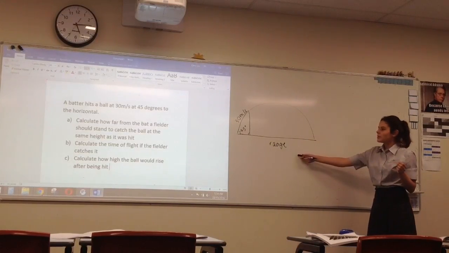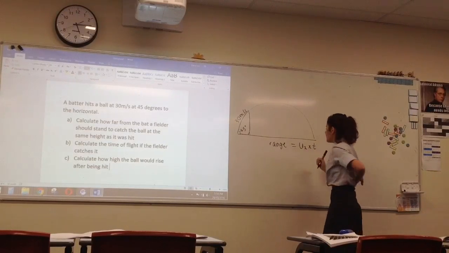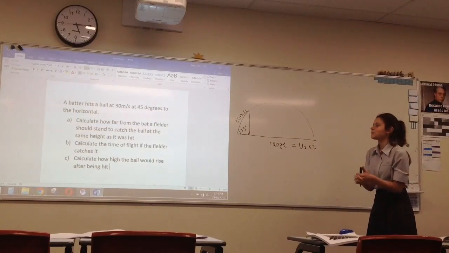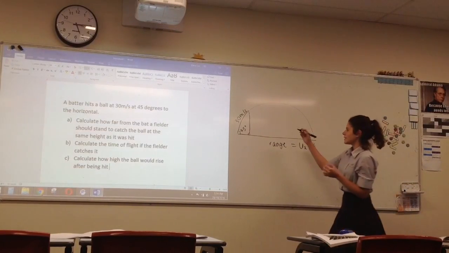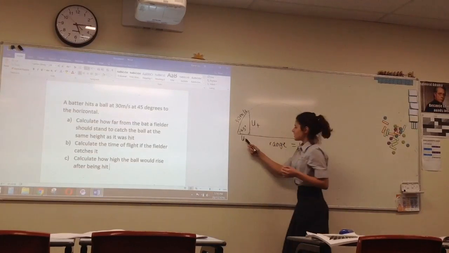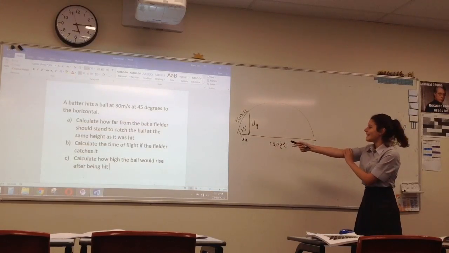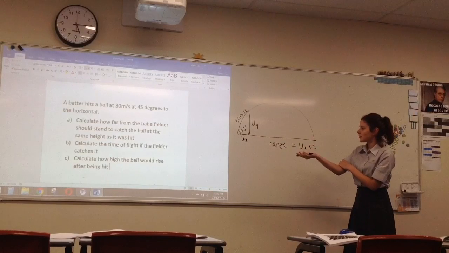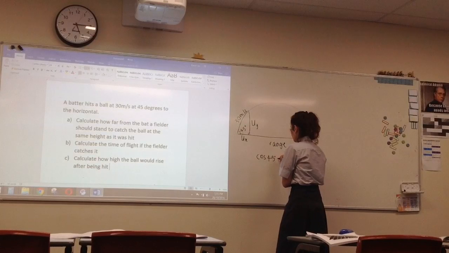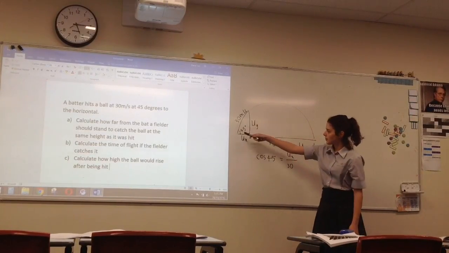So to find the range, we use the formula ux times t. And we're not given ux or t, so we actually have to find both of them. So to find ux, that's ux, oh sorry, that's u. And then we just use normal trig to do that. So cos 45 would give you ux over 30, because that's our hypotenuse.